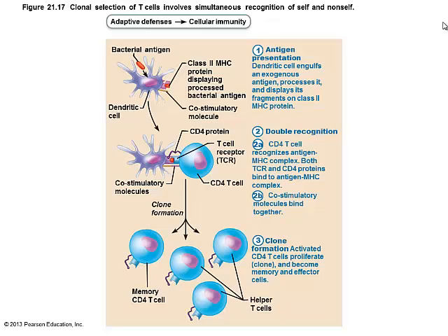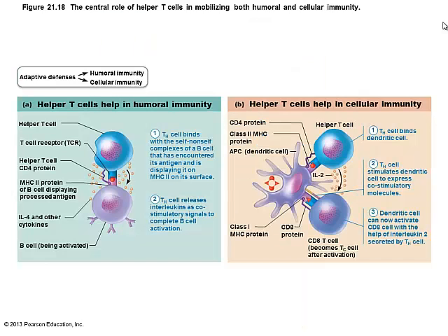When we look at these diagrams, we can see that little red blob, and these are antigens that are going to help in an immune response. So, T helper cells in humoral immunity, T helper cells in cellular immunity. Cellular immunity, think CD8. CD8 are cytotoxic T cells.